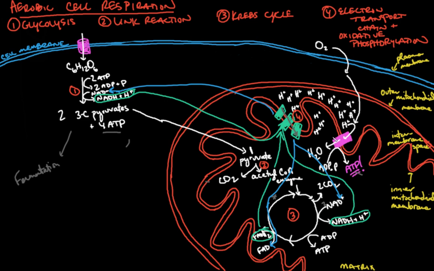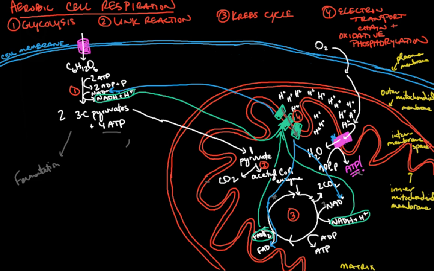Now, most of this ATP is made here because of this concentration gradient. So only 2 ATP are made, new ATP are made through glycolysis, but on the order of 32, 34, 36 numbers of ATP are made through this component, through the ATP synthase in the electron transfer chain.